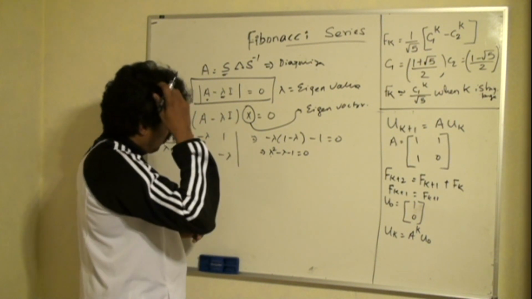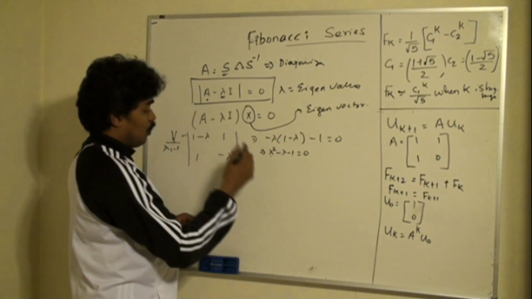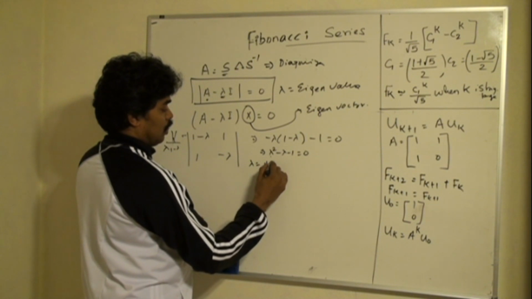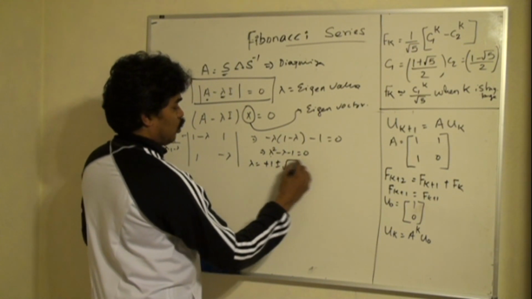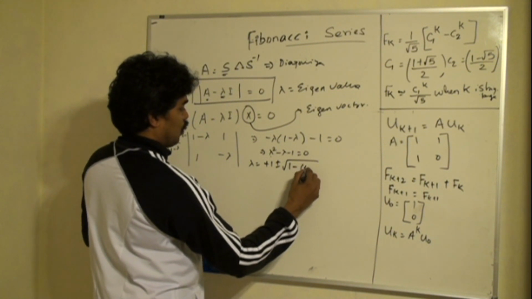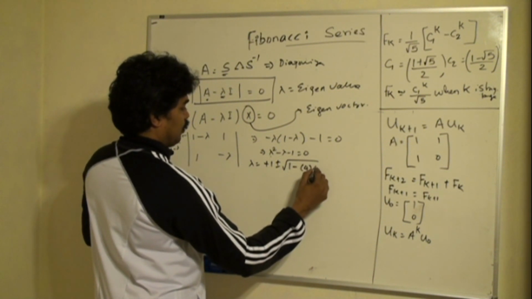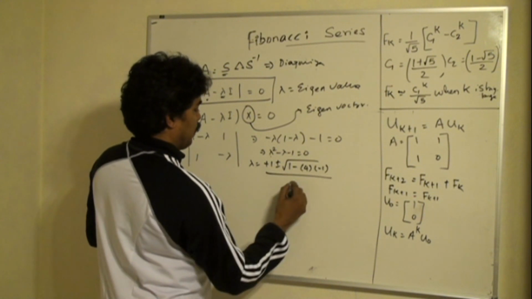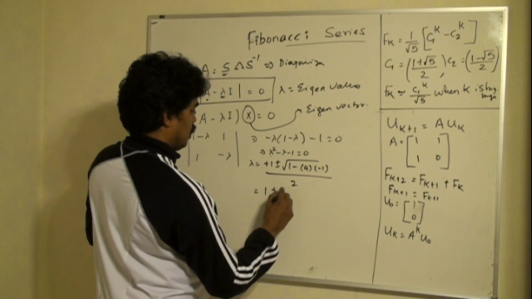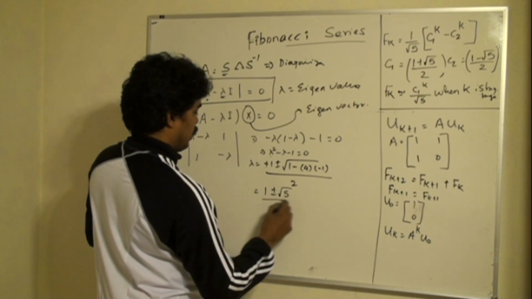So let's go back to the quadratic equation. Lambda is equal to minus b plus or minus square root of b square minus 4ac, by 2a, which is equal to 1 plus or minus square root of 5 by 2.